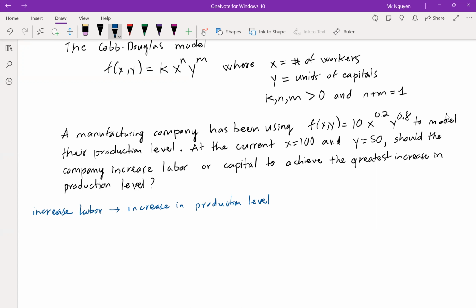So from here, we get a change in production level over change in labor. Change in production level over change in labor is partial f over partial x. That means we are taking the partial derivative of function f. So this is what we're going to be doing here.